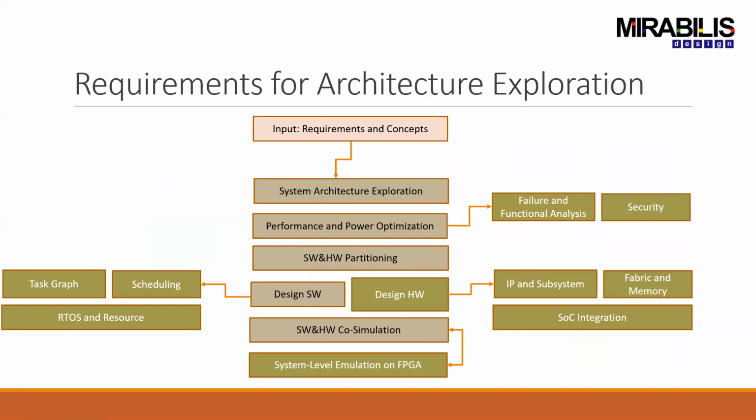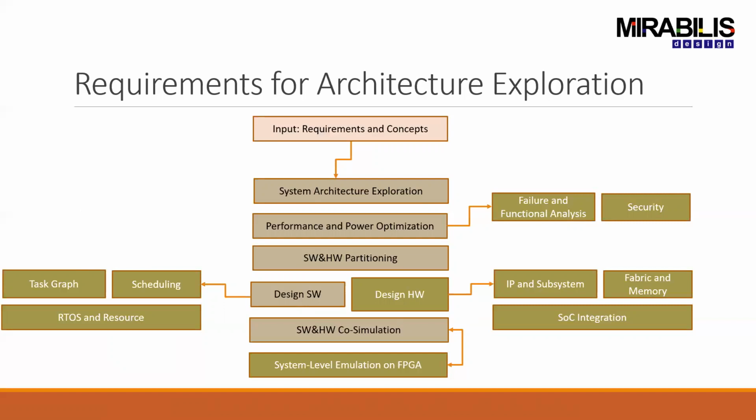Now, within the architecture exploration, there are a lot of aspects. First is, as I showed you, you're putting in your inputs, requirements, and concepts to create an architecture model where you're doing very early analysis. So at this point, you're not too worried about, is it an ARM A53, or is it an Ethernet switch from Marvell, or is it a box that I'm buying from Mercury Computer or Fujitsu?